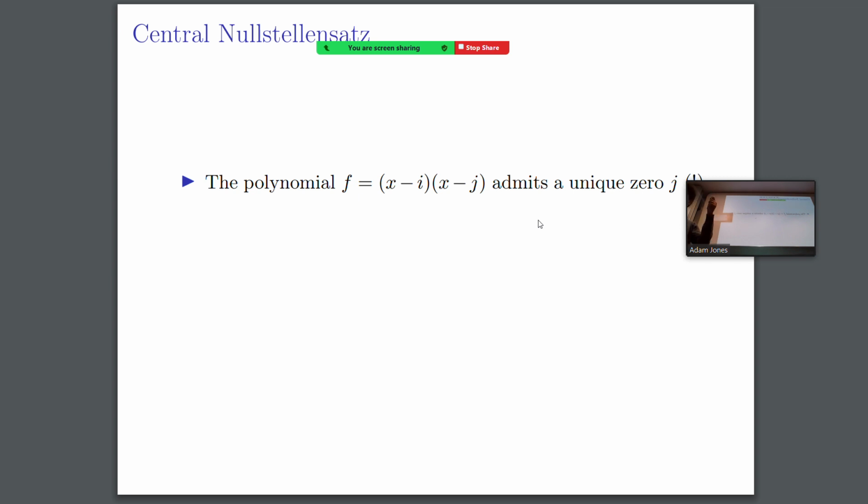If i is not a zero, you can just plug in j. You seem surprised. Let me just say it. So what is this polynomial? You have x minus i.